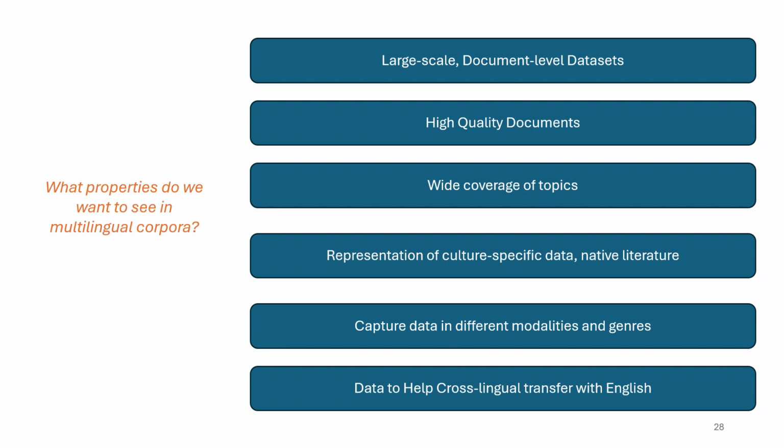Finally, because our models are English heavy, can we have some sort of augmented data to improve cross-lingual transfer? Typically, this means parallel translation data. If you have parallel translation data in the mix, maybe that can help improve cross-lingual transfer. But it's not just parallel translation data, even transliteration data can help better alignment.